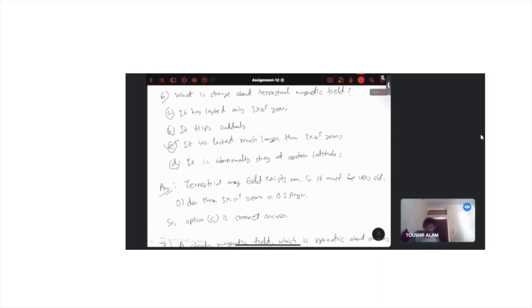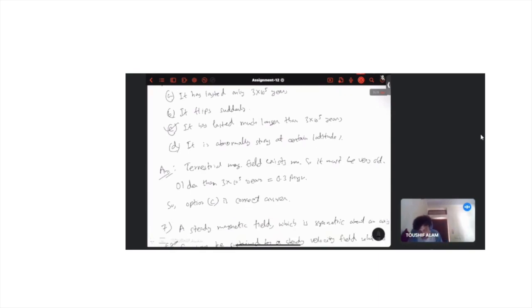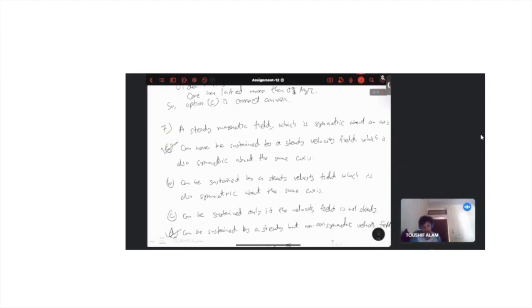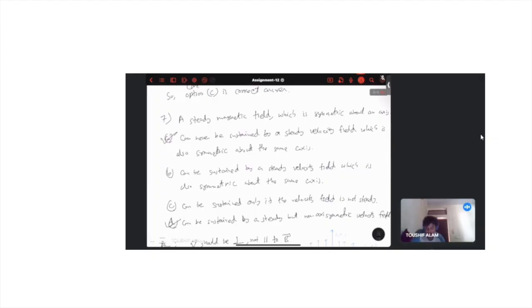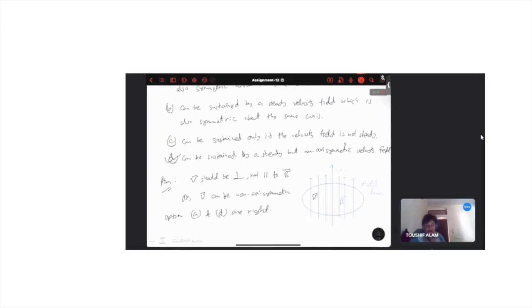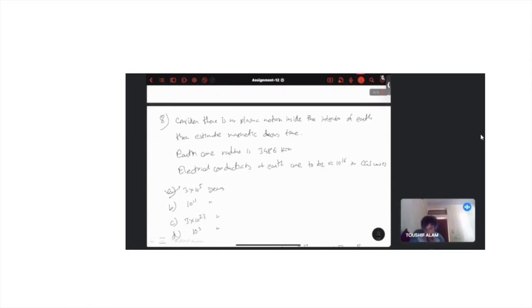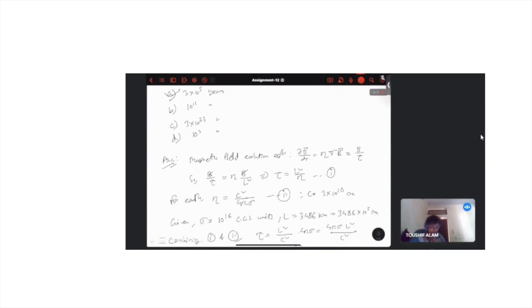Steady magnetic field which is symmetric about an axis can never be sustained by steady velocity field which is also symmetric about the same axis, or can be sustained by steady but non-axisymmetric velocity field.